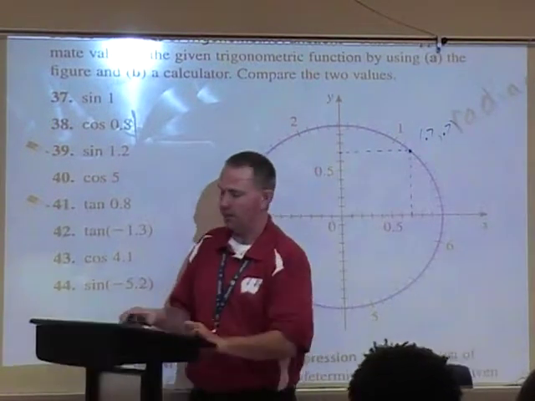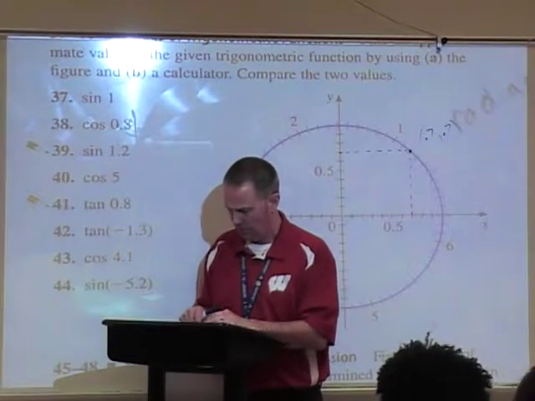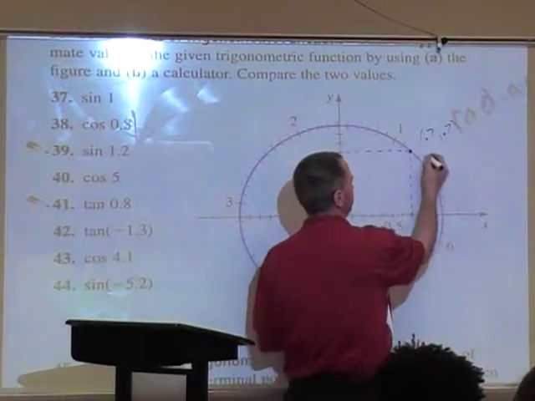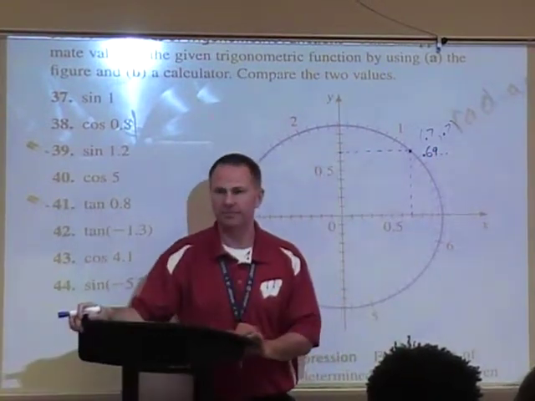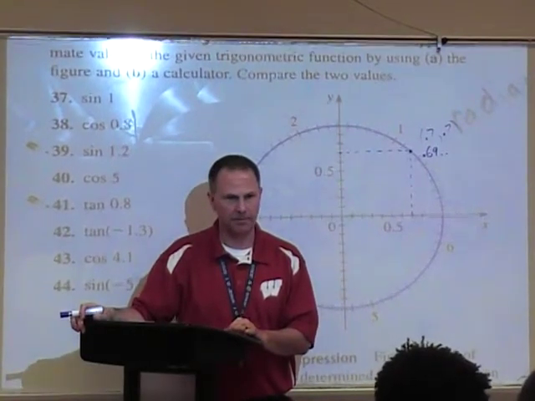So I take my calculator for part B, and I actually take the cosine of 0.8 in radian mode. And what do you get? 0.69 something.